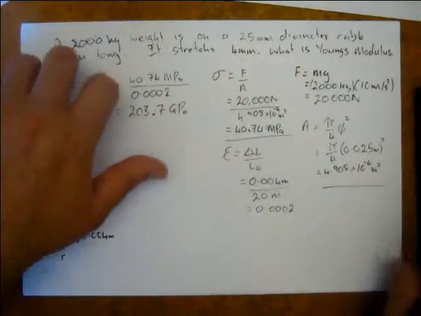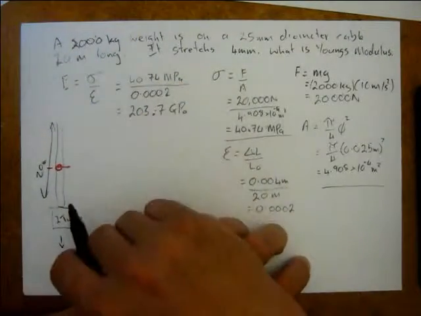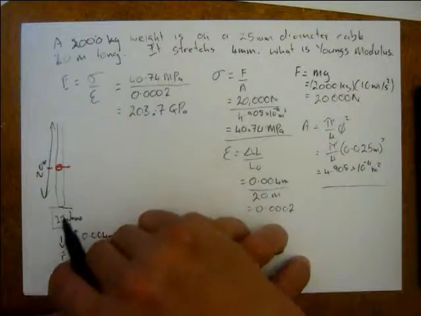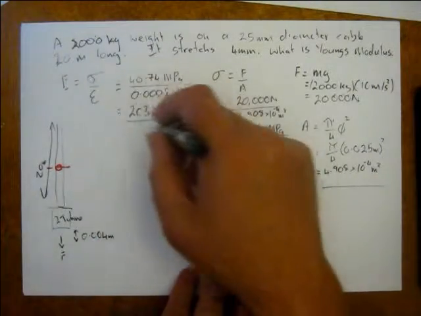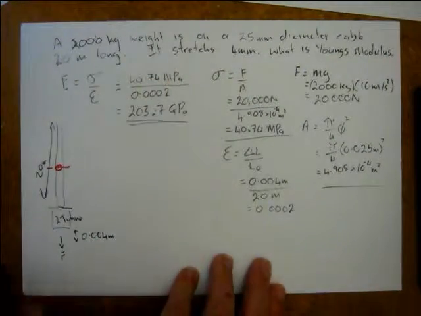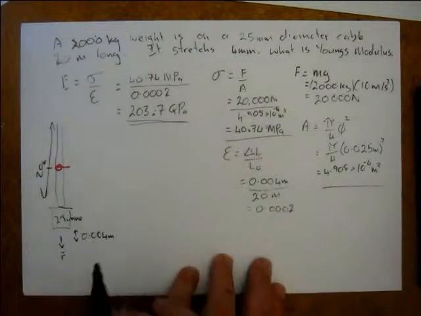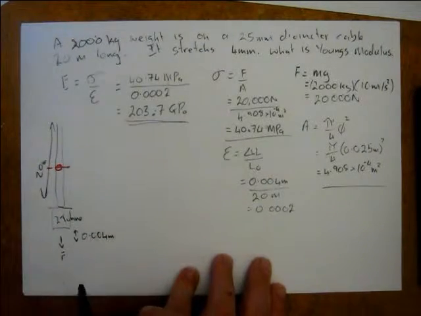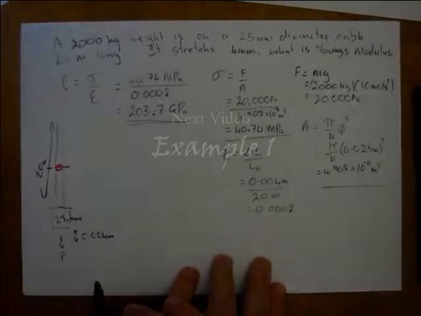Does that seem reasonable? Well, structural steel is about 220. So yeah, I mean, that seems like a perfectly reasonable answer. So what we've done is we've got a 20 meter steel cable. We put 2 tons on it. It stretches 4 millimeters.